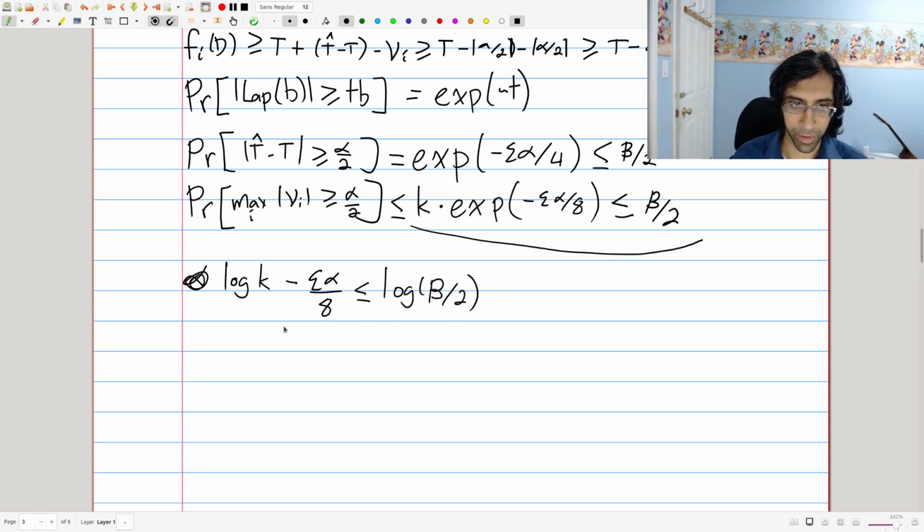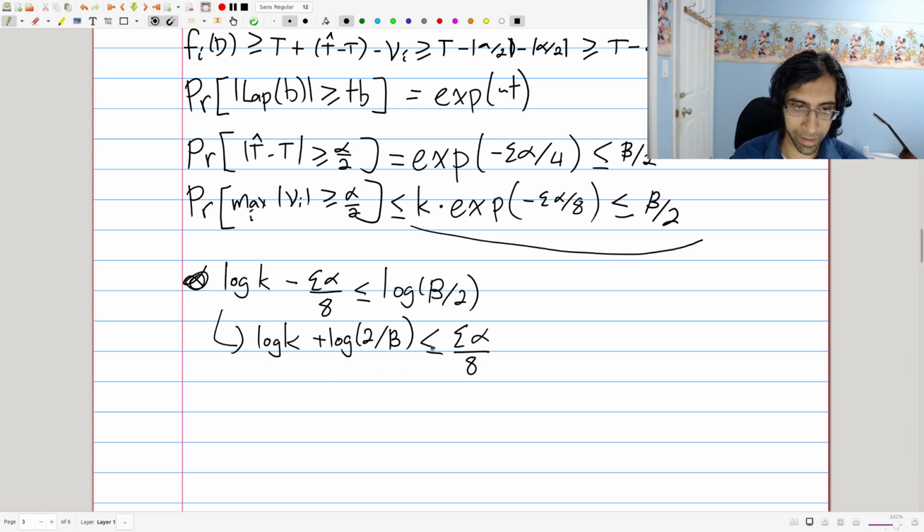Now we rearrange this, moving things to the appropriate sides. So this becomes log k, moved to the other side, but also bringing out a minus so that it flips it, plus log of 2 over beta is less than or equal to epsilon alpha over 8.